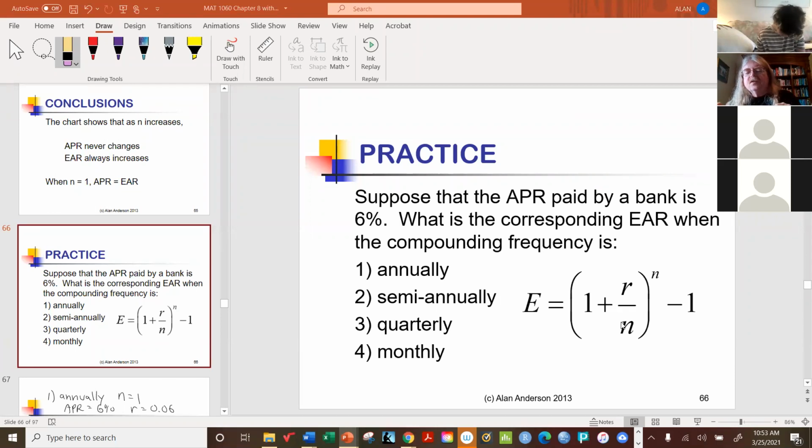So why don't you do the first one, take a couple of minutes, do the first one, and we'll check our results, and then we'll do the rest one at a time. Okay, I want to make sure that by the time we're done here, everyone is getting the right answers. All right, we don't want to go on any further unless you're really understanding what this is all about. All right, so let's take a minute and do the first one, and let's see what we come up with.